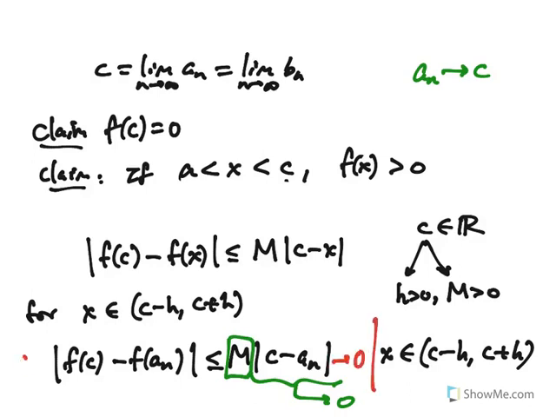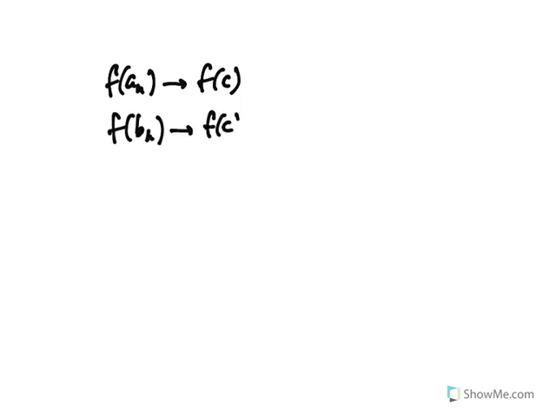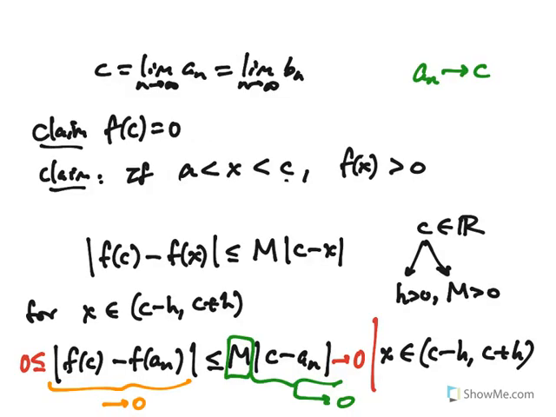So this side goes to 0, and then 0 is beneath that expression because it's an absolute value. So the Squeeze Theorem tells us that this goes to 0. And that means that f of An is converging to f of C. A very similar argument will show that f of Bn is also converging to f of C. Basically, you take the Lipschitz inequality and instead of plugging in x equals An, you plug in x equals Bn. And notice that Bn is also converging to C, so the same arguments work.